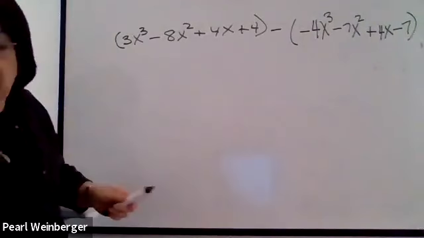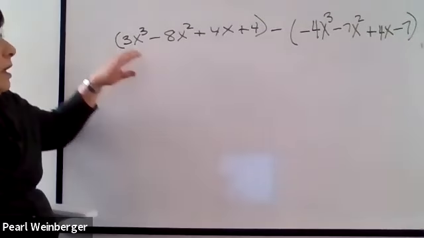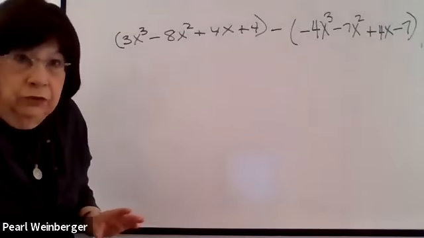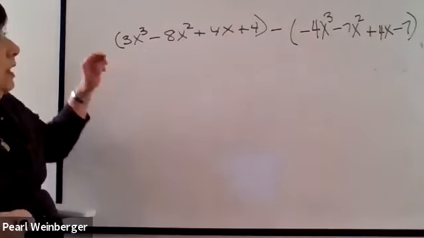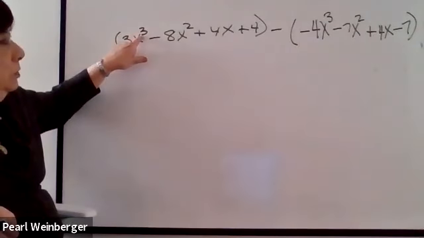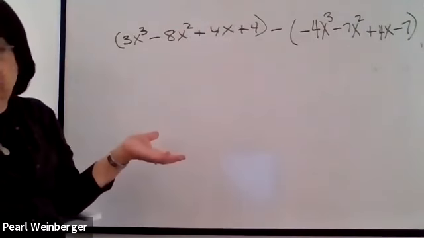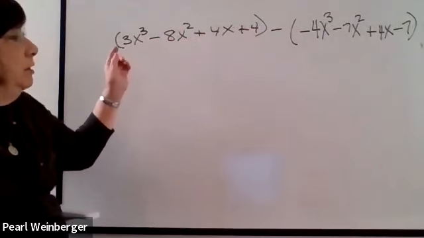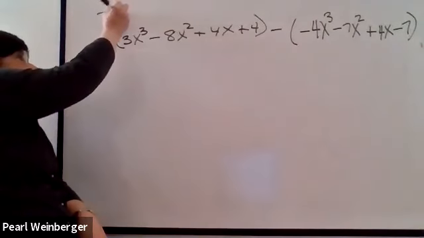Before we get into that, let me just give you some information again. Notice in this case, we don't have 2 variables, we only have 1 variable. Everything is in terms of x. Not only that, if you look at the exponents, this is an exponent of 3, this is an exponent of 2, this is an exponent, well, there's no exponent, so it's understood to be 1, and then there's no x. That type of polynomial is what we call arranged in descending order.